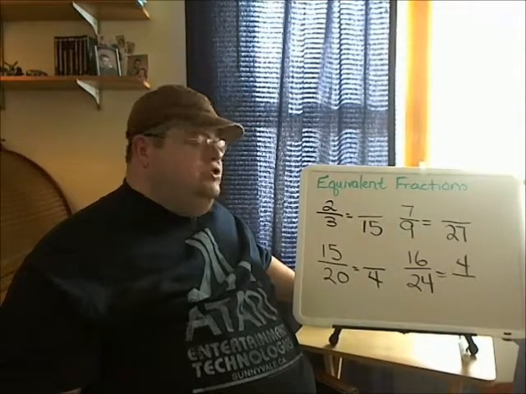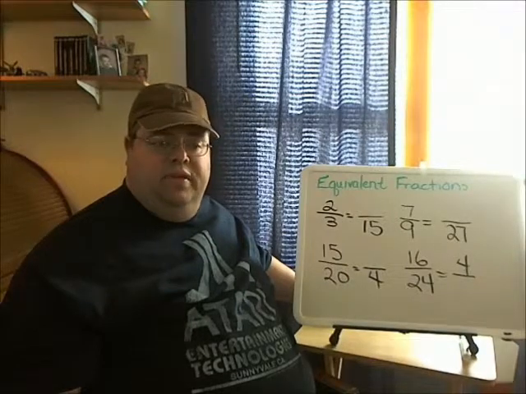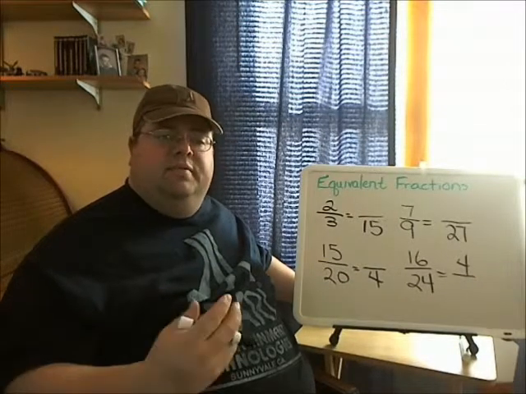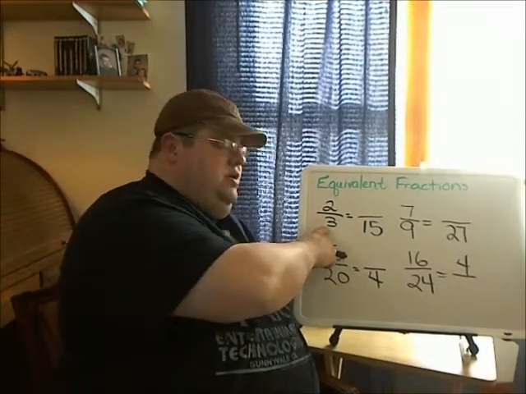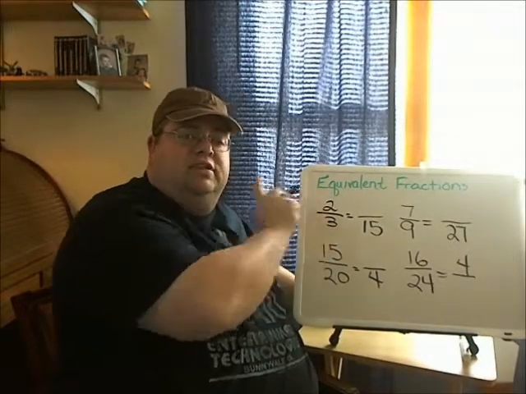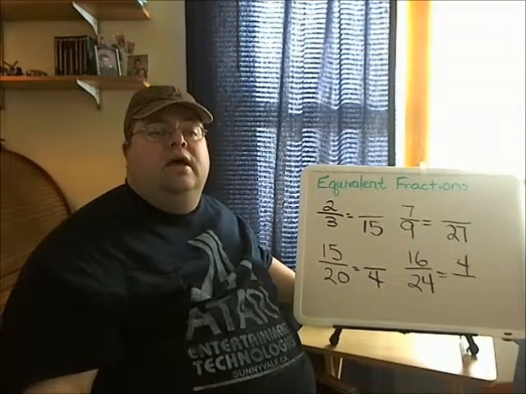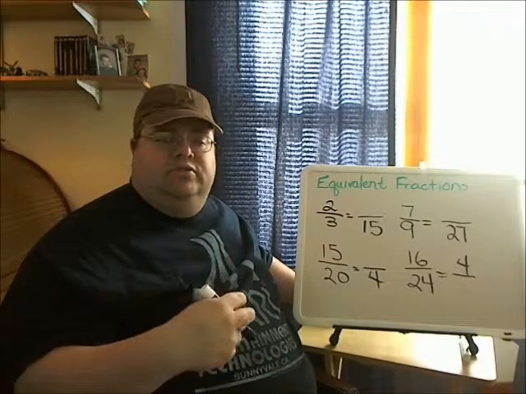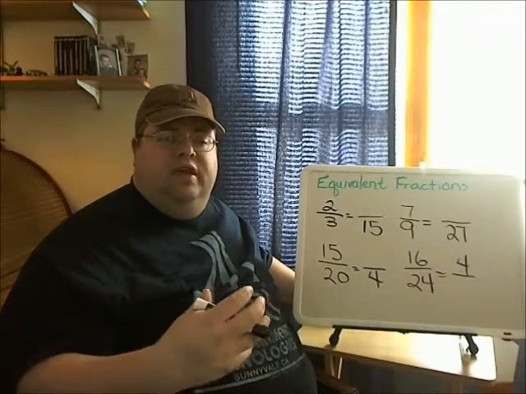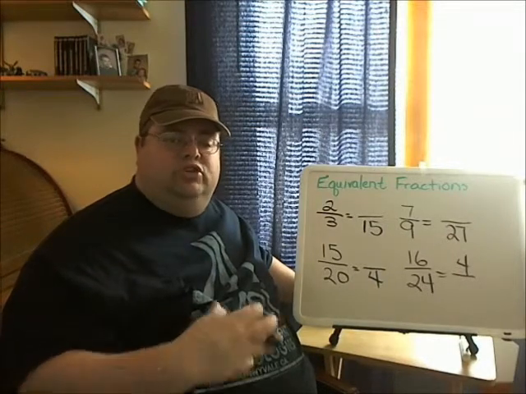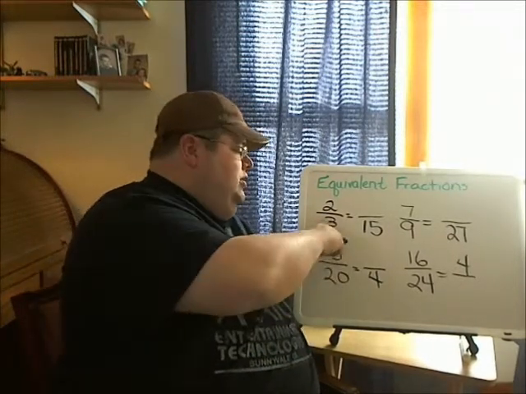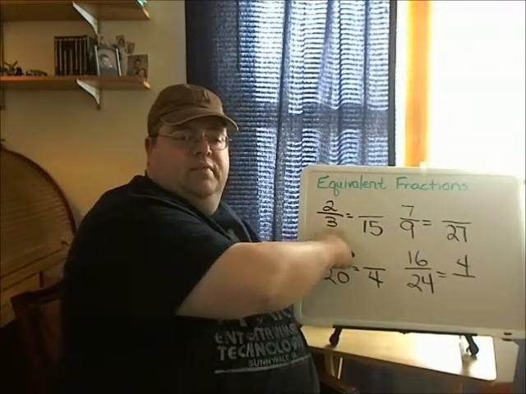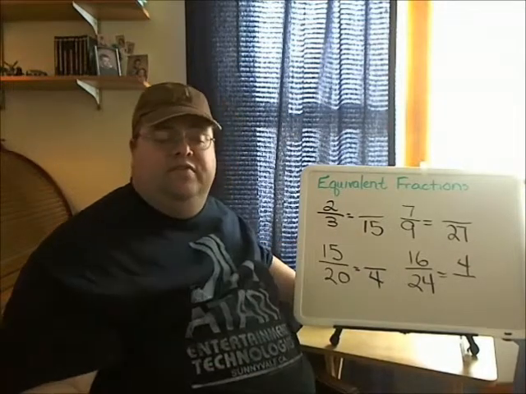We're going to look at 2/3 first, and if we think about what 2/3 means, that means I have an object divided into 3 parts, of which someone is getting 2 of those parts. What equivalent fractions allow me to do is change this fraction so that the total number of pieces changes. So if originally the object was divided into 3 parts, now it's going to be divided into 15.